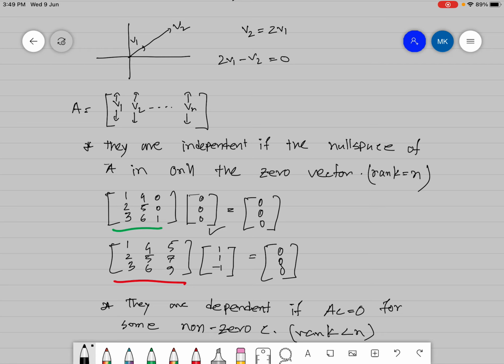Okay, and they're dependent if you get one column that may be a multiple of another column, or that may be a linear combination of any other columns. Okay, like just in this case. So this is the core idea of independence.